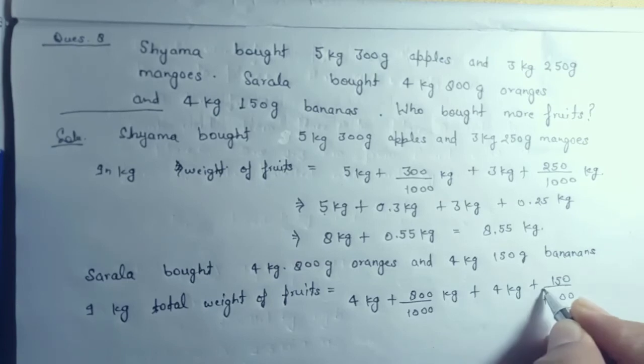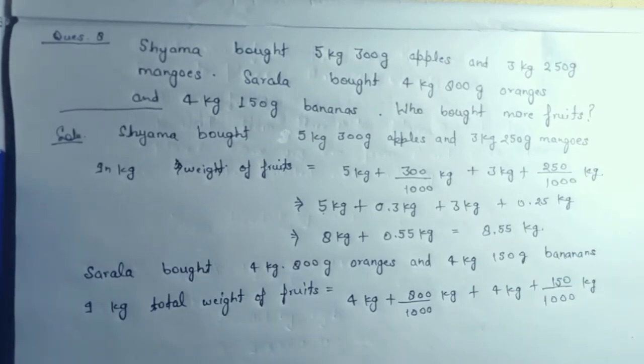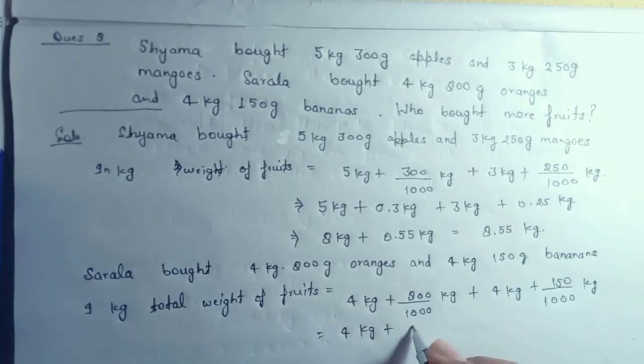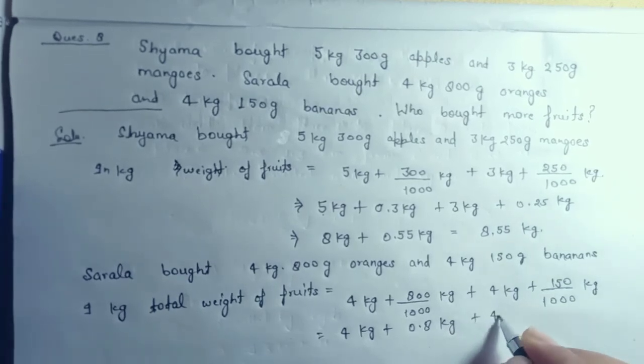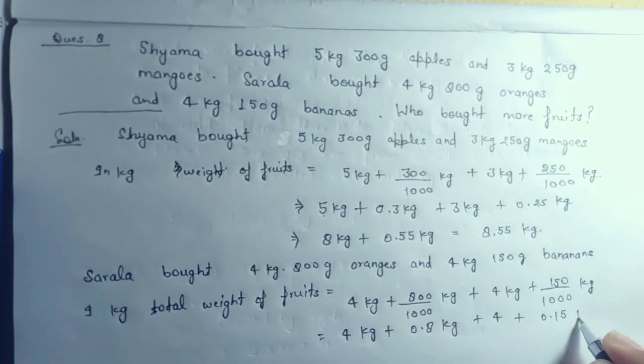When you divide gram by 1000, it becomes kilogram. Now it is 4 kilogram, 0.8 kilogram, 4 kilogram and 0.15 kilogram.